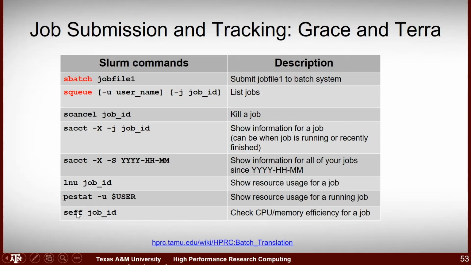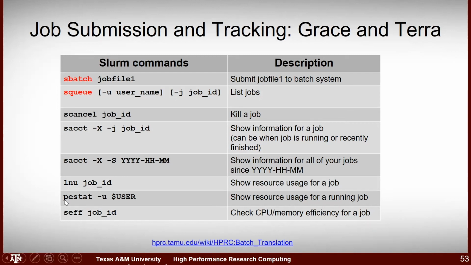And here's some more commands. One will tell you how much resources a job is actually using. Another will tell you about the usage of a job, but I don't know if that's current or just what you requested.